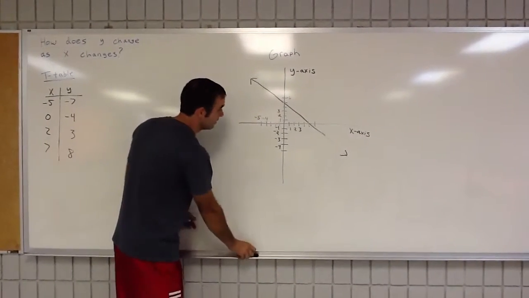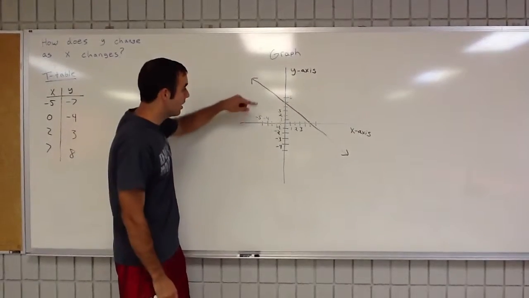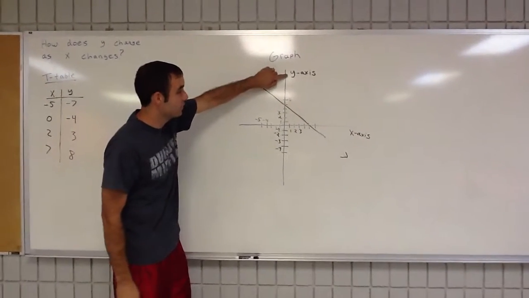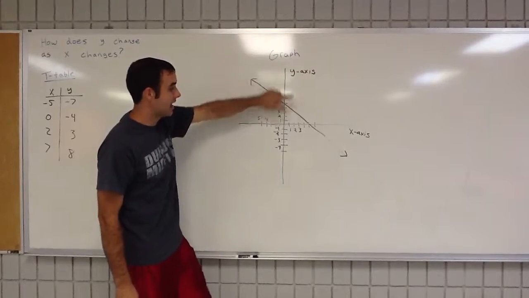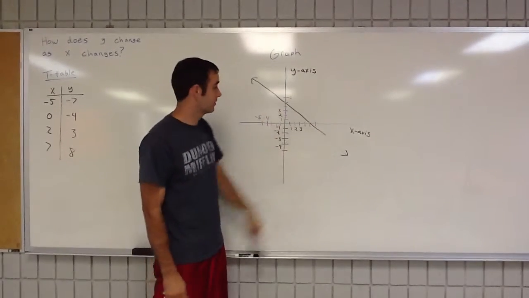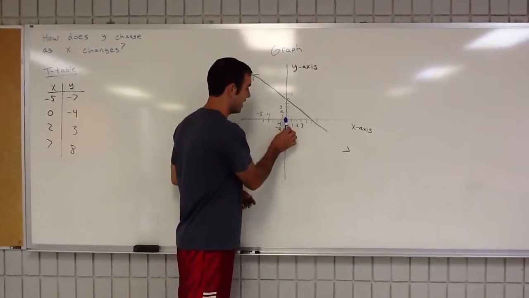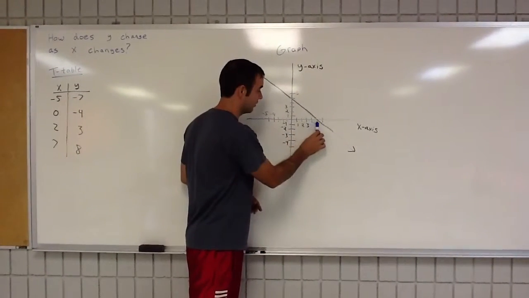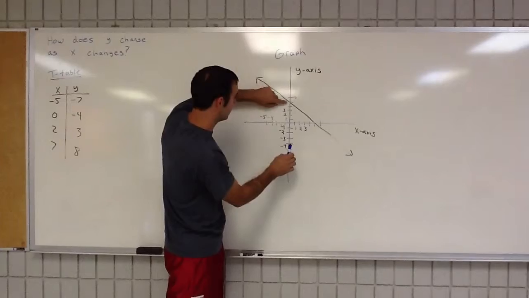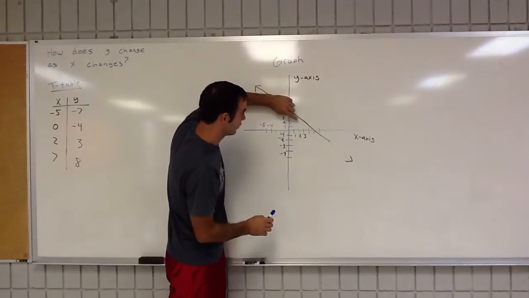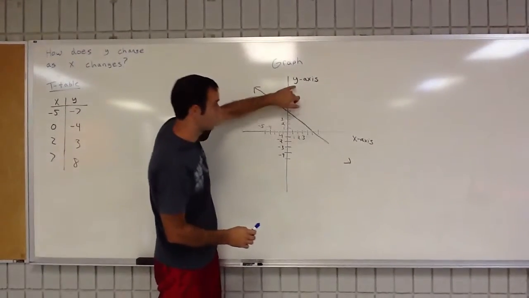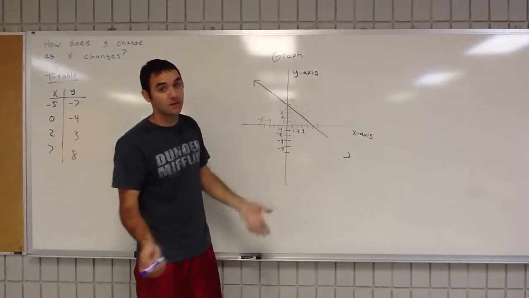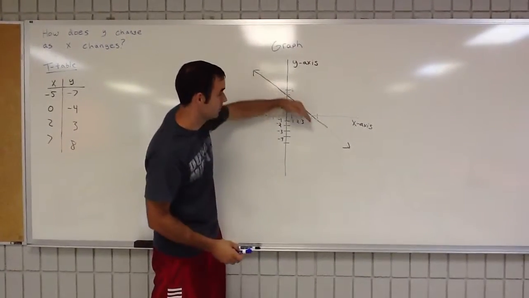So in this question, they would ask, what happens to the value of y as the value of x changes? Okay. So as x gets greater, 1, 2, 3, what's happening to the line? Is it getting greater or is it getting less according to the y value? It's getting less. It's going downhill.